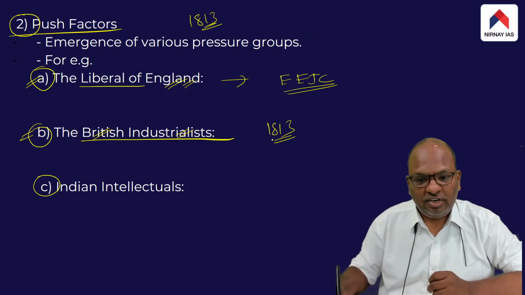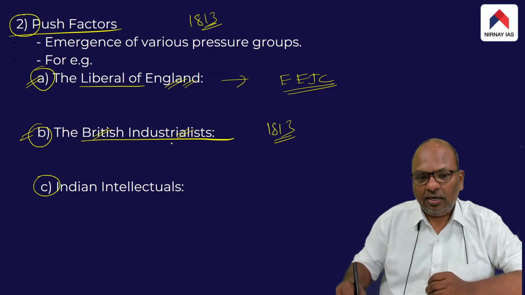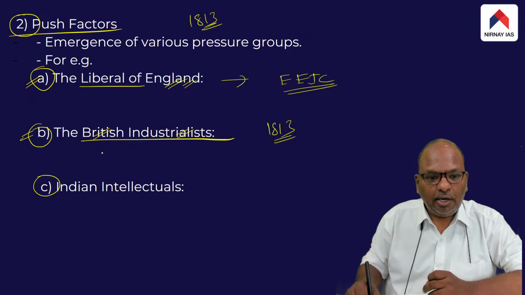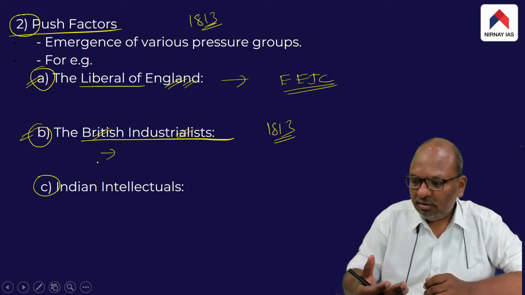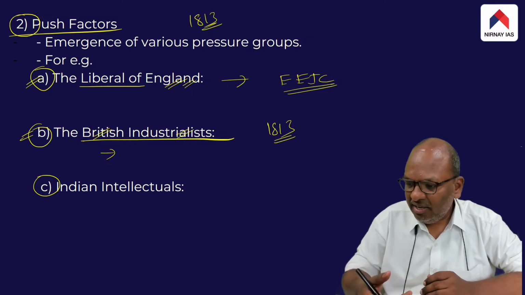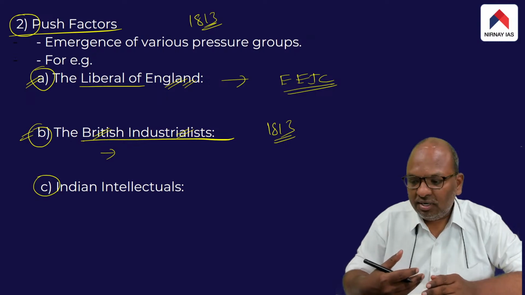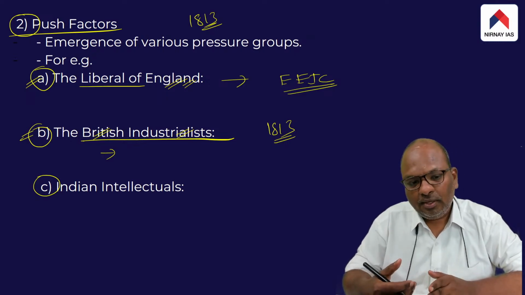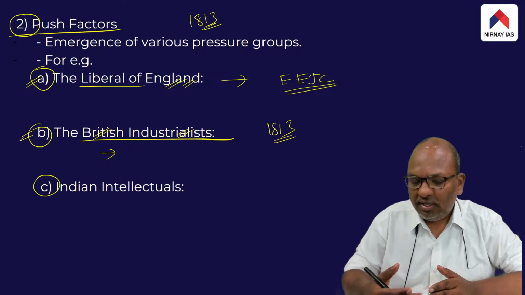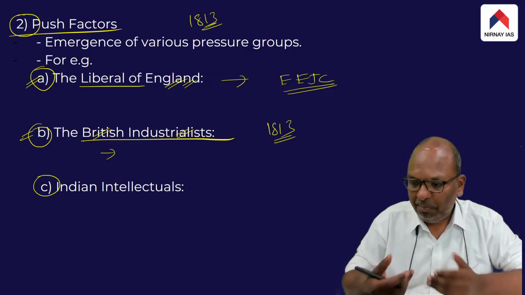A large number of industries began to be established in England, and the British industrialists were of the view that through education, British culture can be spread in India, and with the spread of British culture in India, they hoped that the demand for British goods in India would also go up.